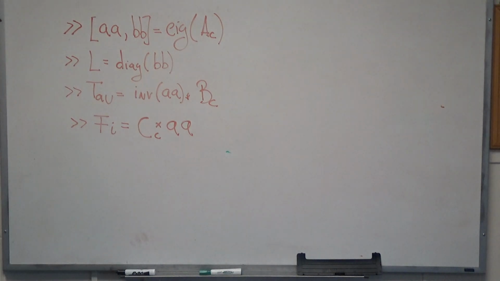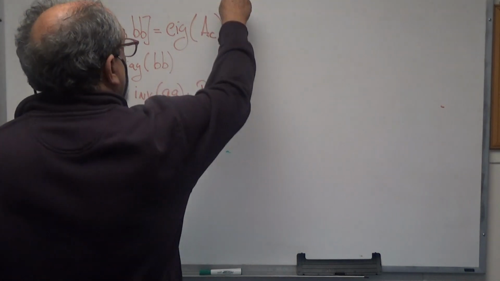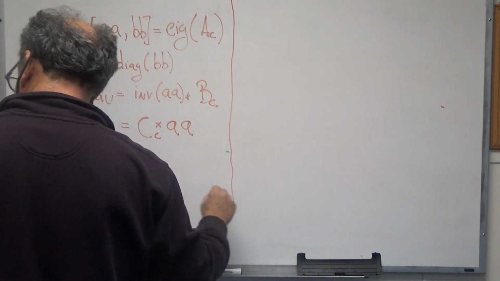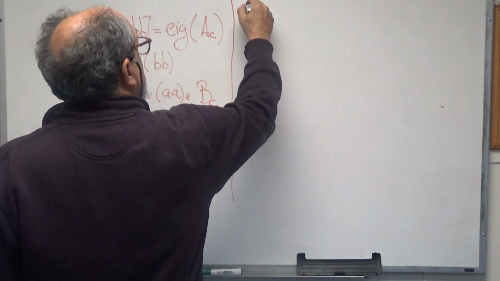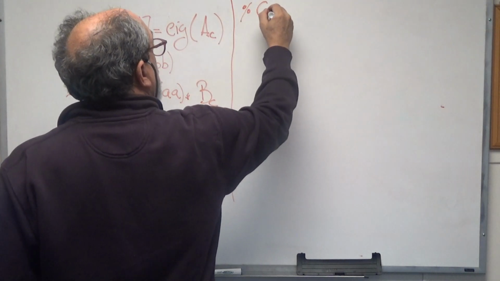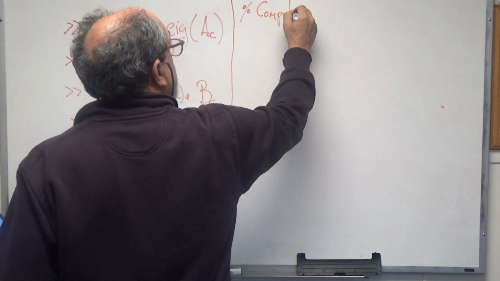All right? So those are now my matrices in Jordan canonical form, right? Next, I do the essence of the computation, which is compute the constants.